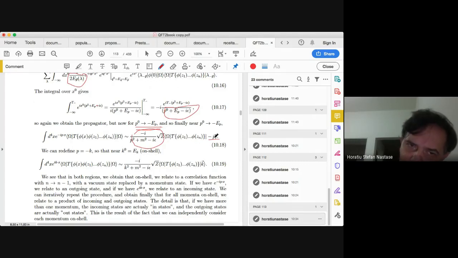Then minus p vector becomes plus k vector, but then the Fourier factor becomes e to the plus ikx. Okay, and then here we have k.